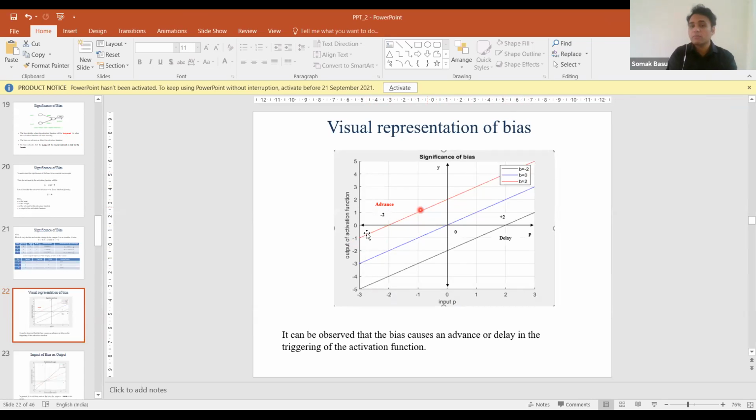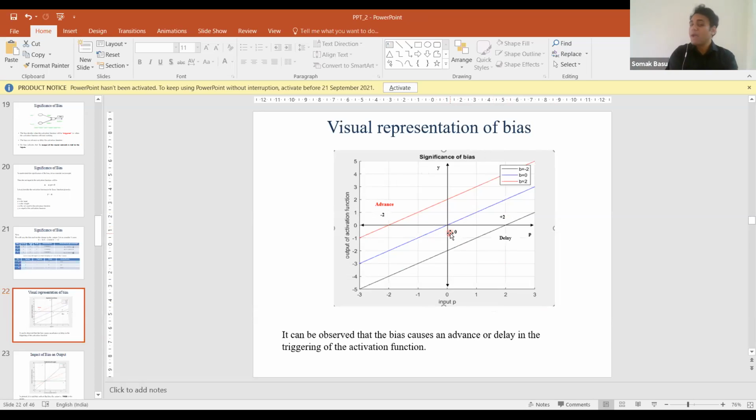So what was happening at 0 will now happen at minus 2. If the value of the bias is 2, then the graph will shift here. So what was happening at 0 will now happen at plus 2. So this is the complete picture. Rather than going into too much mathematics, maybe you can very easily understand it through the graph.